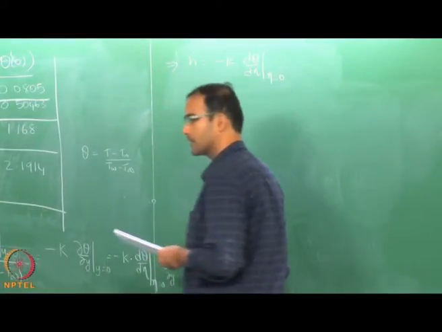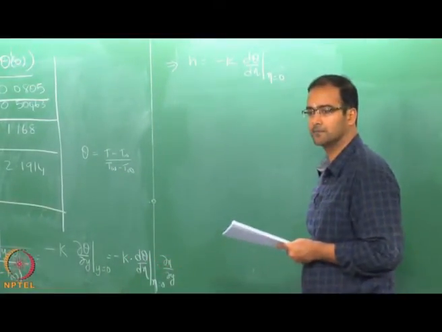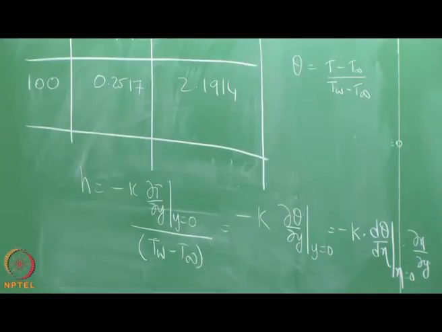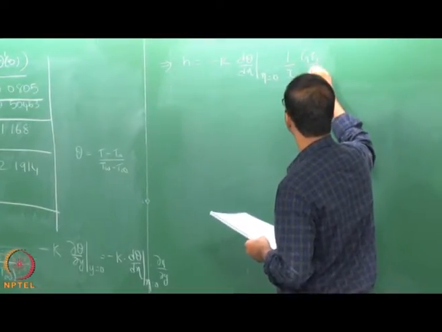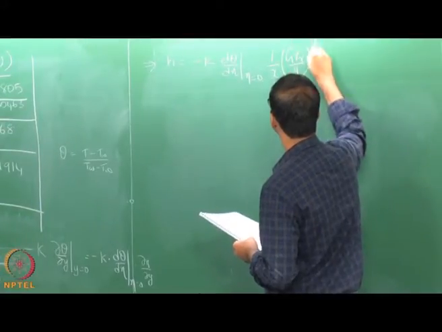So, what is d eta by dy? 1 by x into Grashof number by 4 raised to the power 1 by 4.